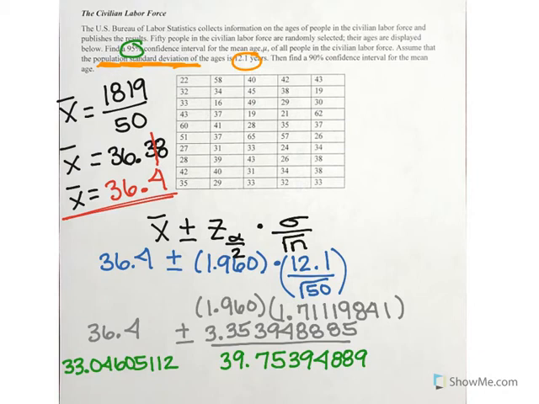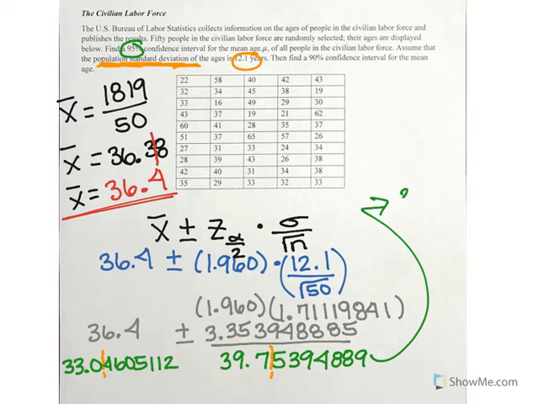Now, at this point, because I'm at the end, I will round to one decimal. We're going to keep it the same as our mean. We rounded our mean to one decimal, and we're going to round our interval to one decimal. I'm going to write that up here so you can see it.